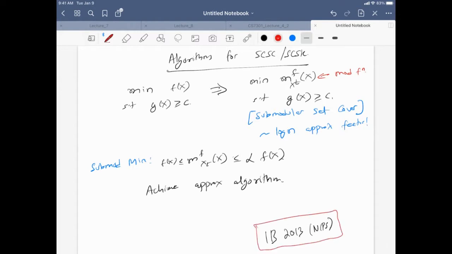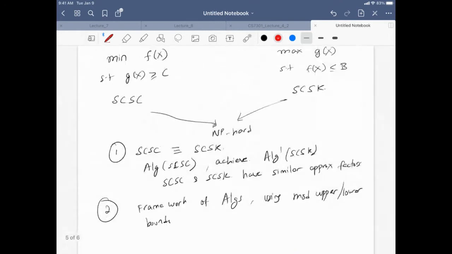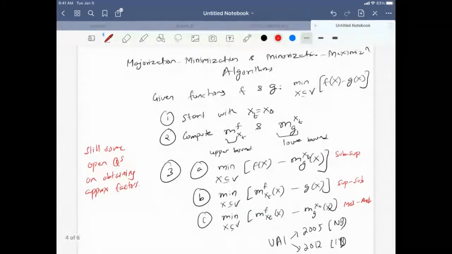It's called submodular cost, submodular cover, and submodular cost, submodular knapsack. But I briefly want to point out that there are some other variations of algorithms that we have, and there are also theoretical directions being studied.